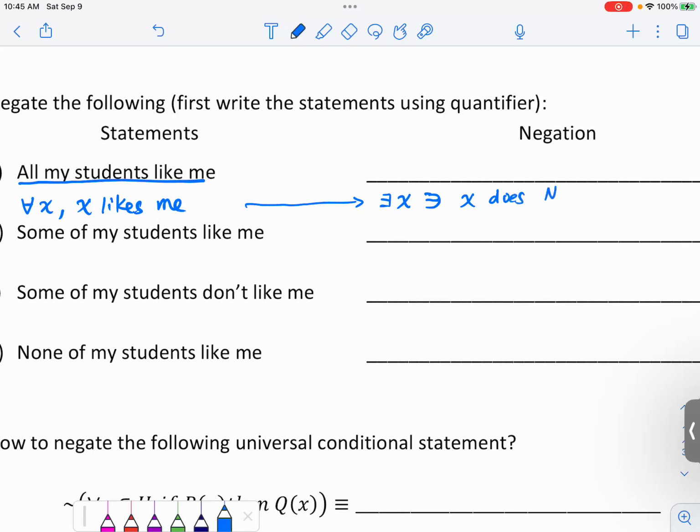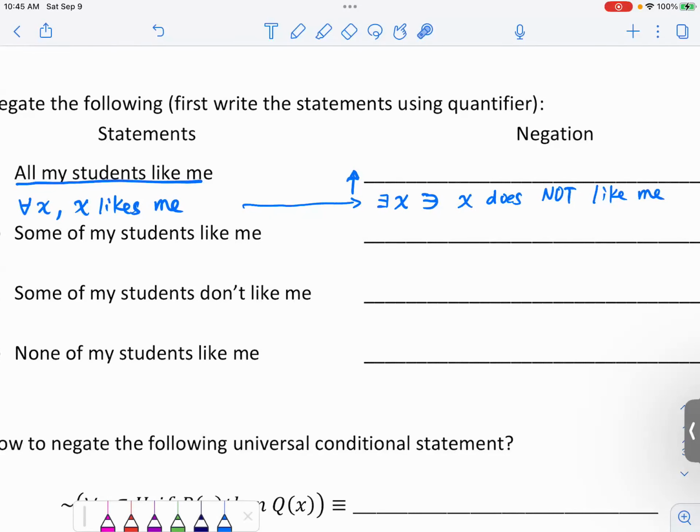Now it's time to convert it back into English, because we started with English and want to find the negation in English. That means there is at least one student who doesn't like me, or some of my students don't like me. There are many ways to say it.